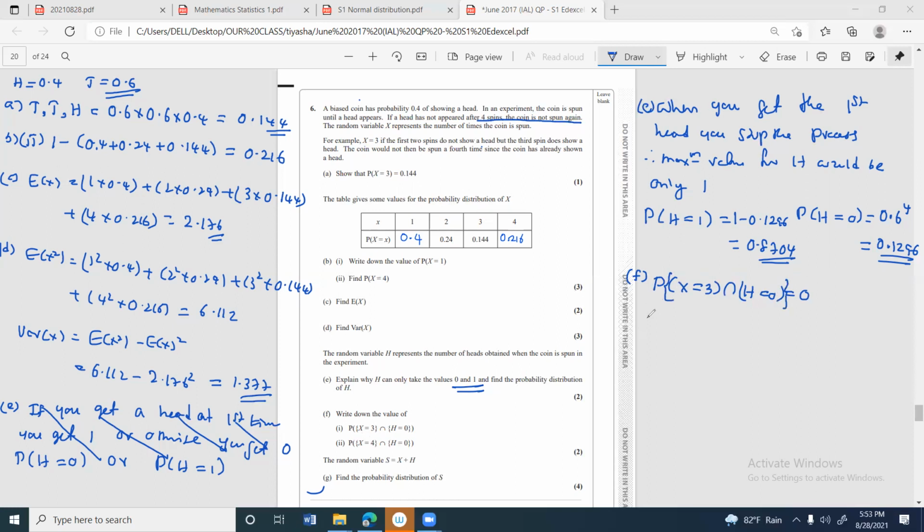Then the next one, part 2, is the probability of x equals 4 and h equals 0. How do you get that answer?